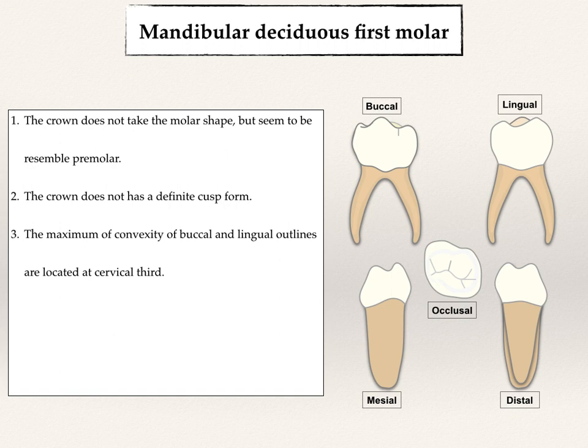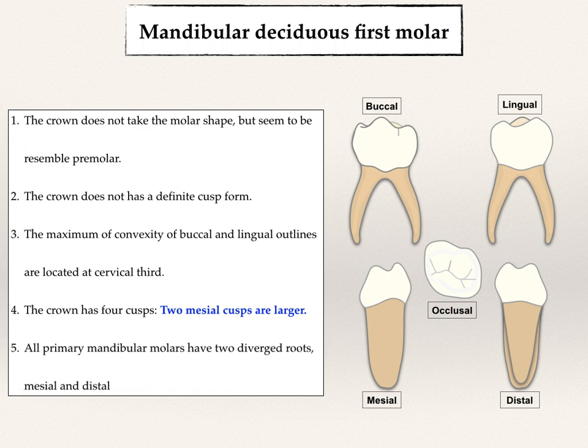Both maximum convexities of the buccal and lingual outlines are located at the cervical third. The crown has 4 cusps. The 2 mesial cusps are larger. All primary mandibular molars have 2 diverged roots, mesial and distal.